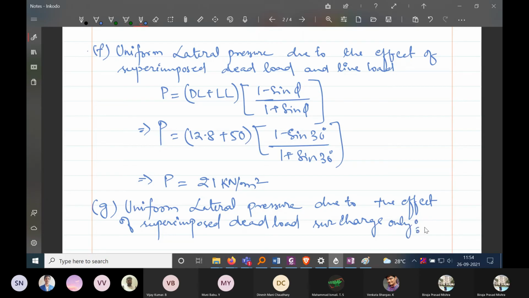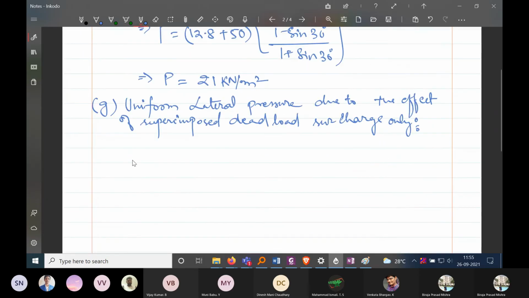Okay, that will be, let us say, P dash. So P dash equals, the only dead load is 12.8 into 1 minus sine phi divided by 1 plus sine phi.